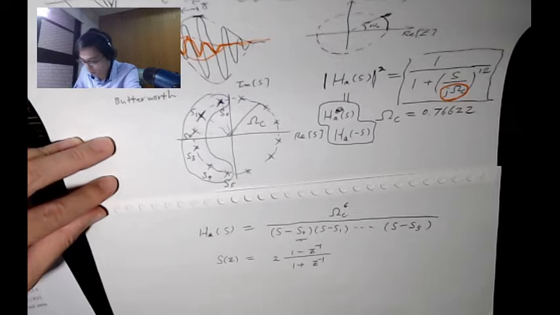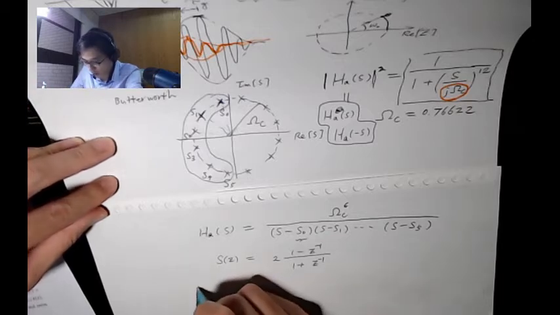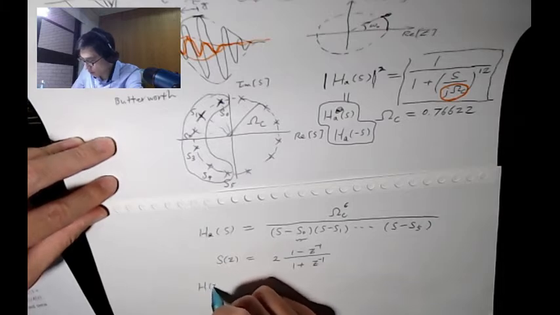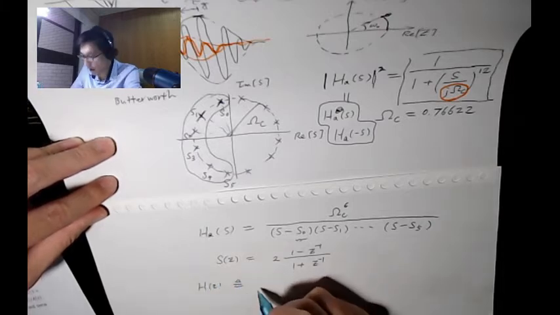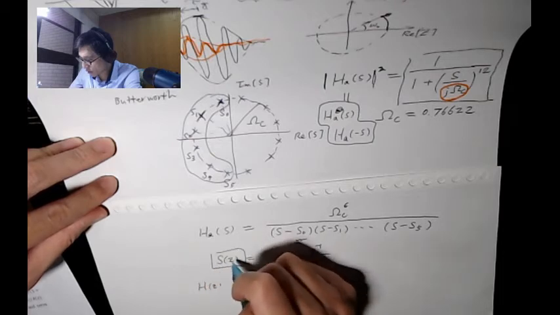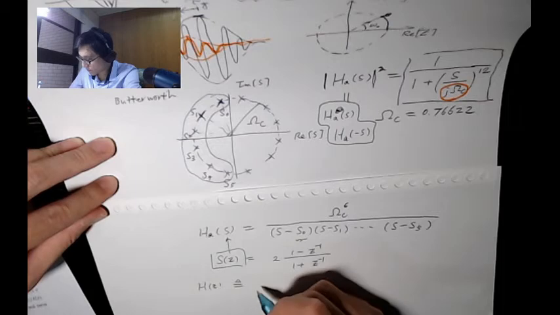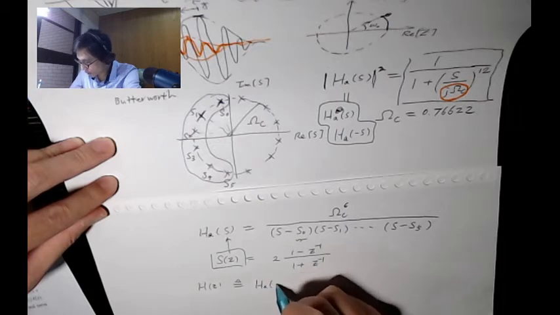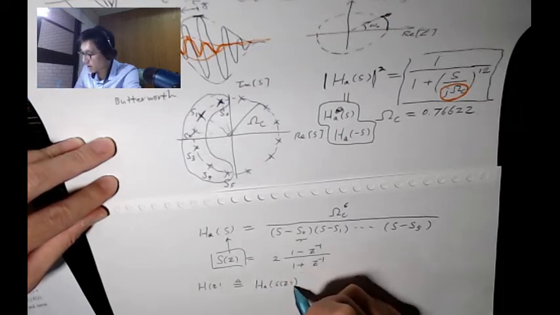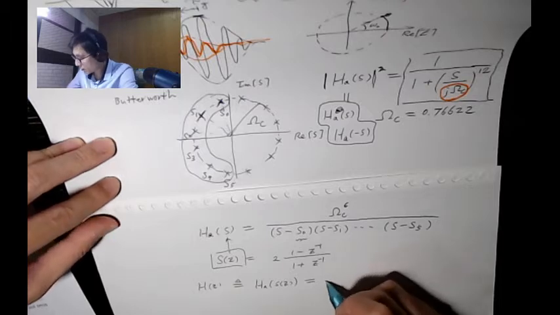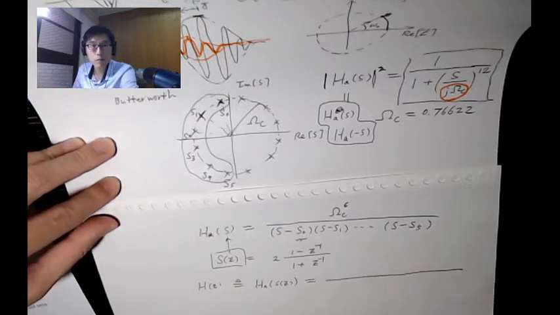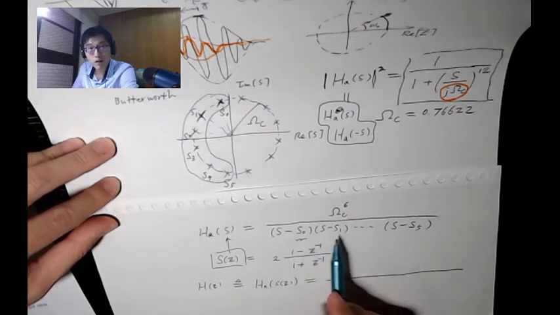So if we define our H of z by substituting s of z into the analog transfer function, and that's simply a definition, then this is going to be a mess, I promise, because we have a product of 6 factors.